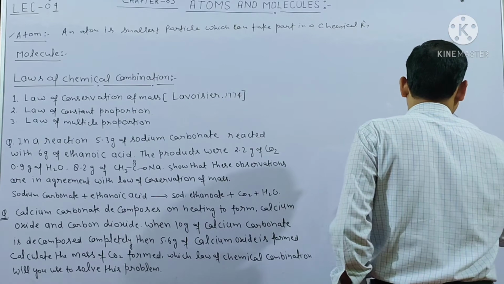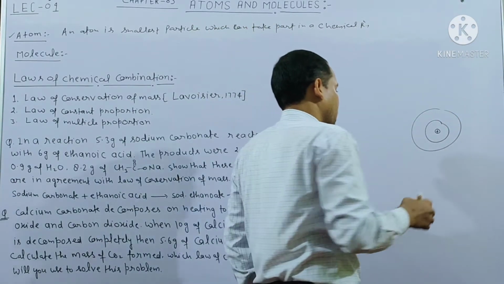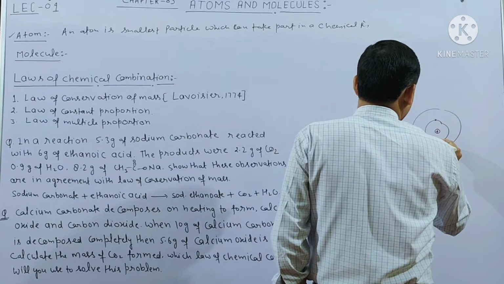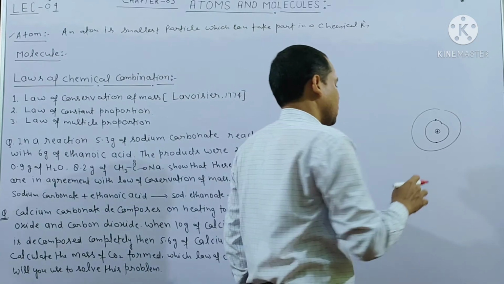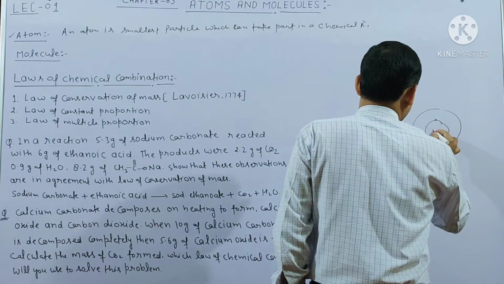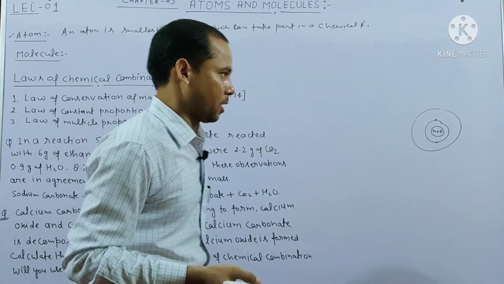We will study Niels Bohr's model of the atom in this chapter. The electrons revolve around the nucleus, and the neutrons and protons are present inside the nucleus. The neutrons and protons form the nucleus, and the nucleus is a positively charged particle.